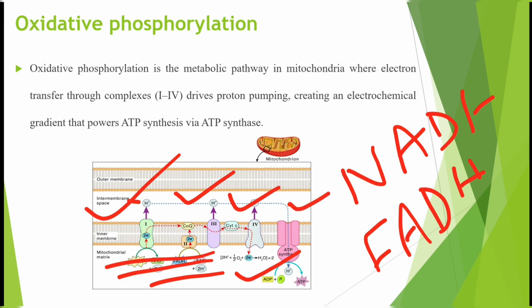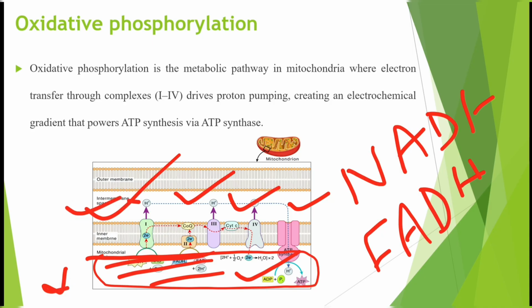This builds a strong proton gradient, because now the concentration of H plus ions is lower in the mitochondrial matrix and higher in the intermembrane space. Finally, the electron is accepted by O2 at the end. It combines with the protons, or H plus, to form water.